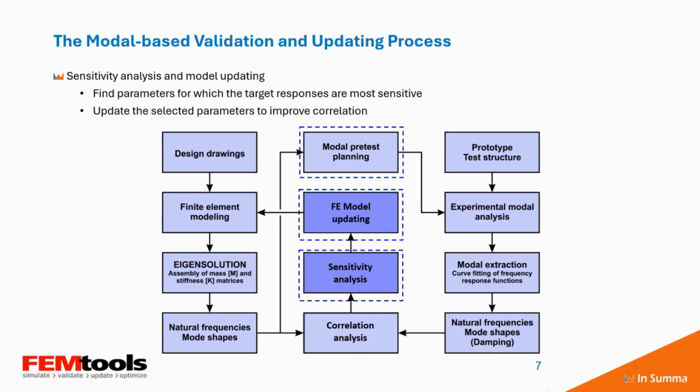We call those updating parameters, and our targets we call updating responses. So what are the response data in terms of frequency, modal displacement, but also mass, for example, can be considered a response, which means it's something that can be measured and serves as a target for the simulation.